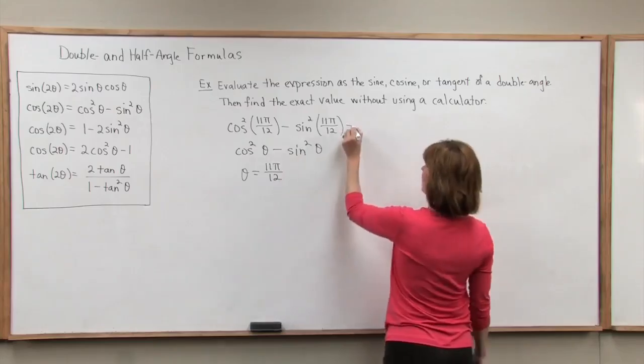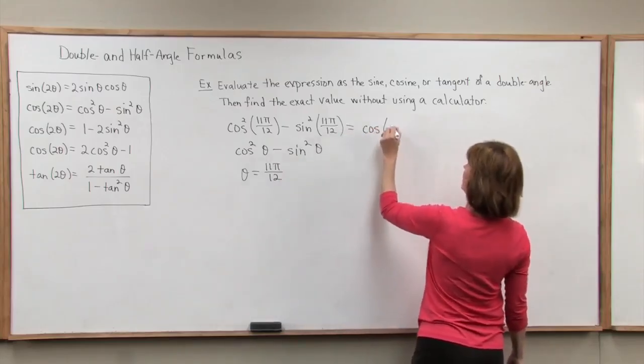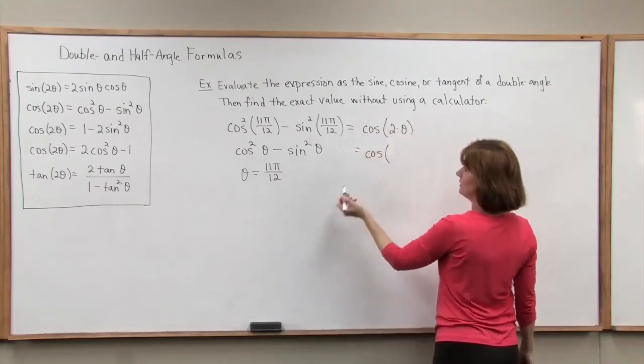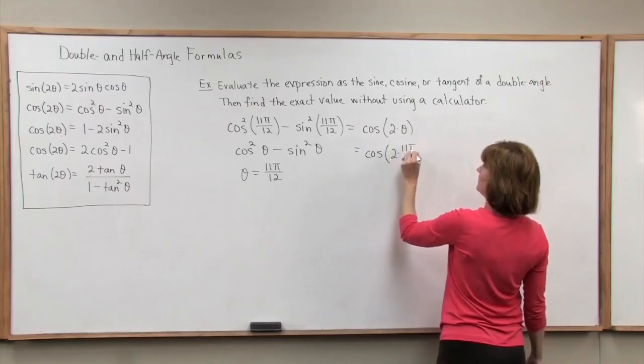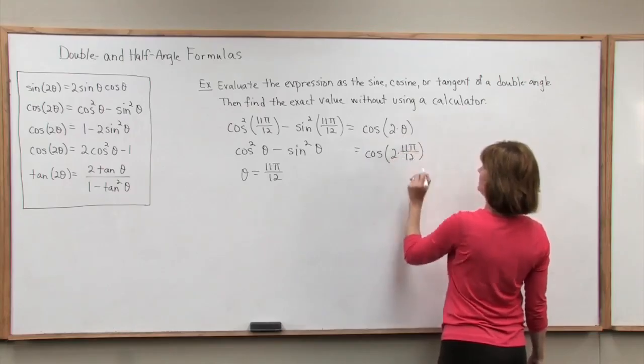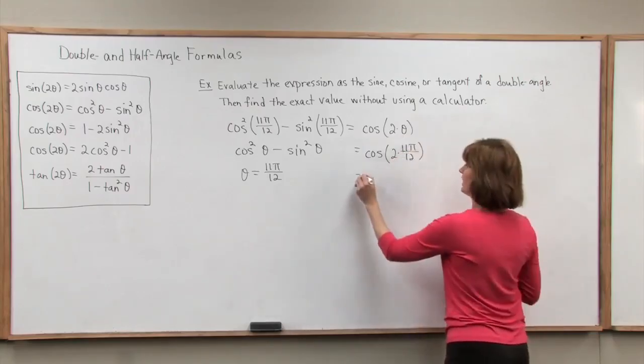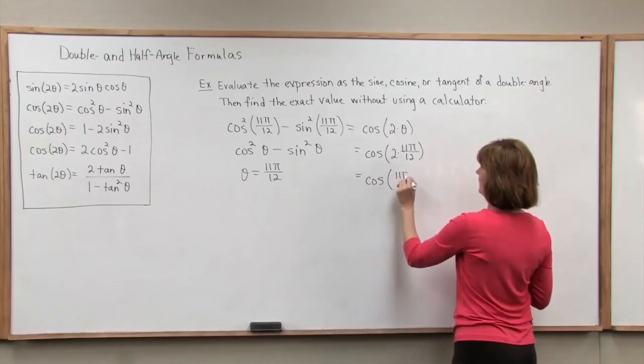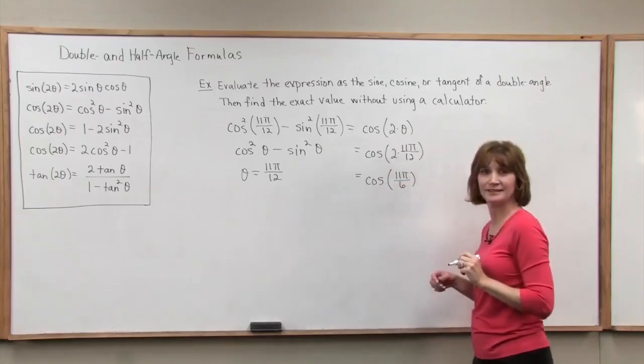So now that I know that, this is equal to the cosine of 2 theta. And we just determined that theta was 11 pi over 12. Well, if you reduce that, what do you get? That gives you 11 pi over 6.